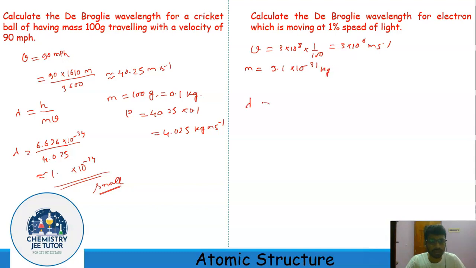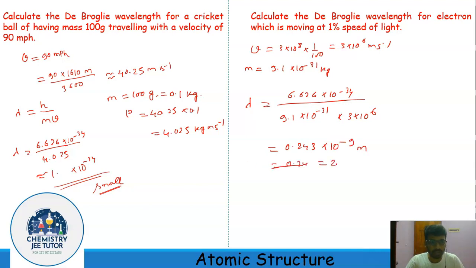So my lambda is 6.626 into 10 to the power minus 34 divided by 9.1 into 10 to the power minus 31 into 3 into 10 to the power 6. So it will become 0.243 into 10 to the power minus 9 meter. So this is equal to 243 picometer.